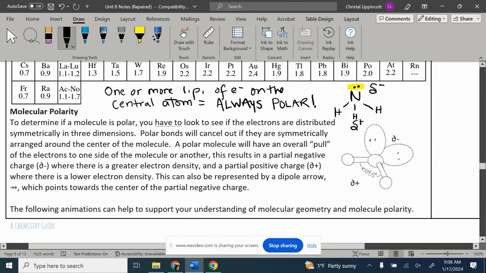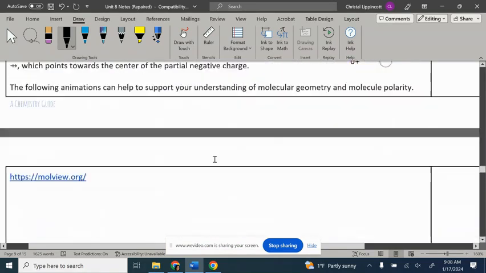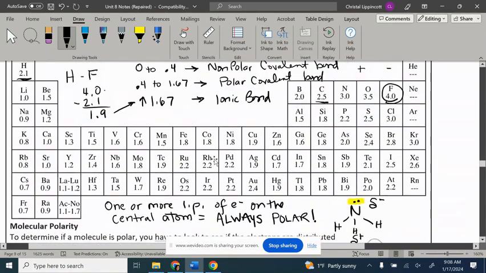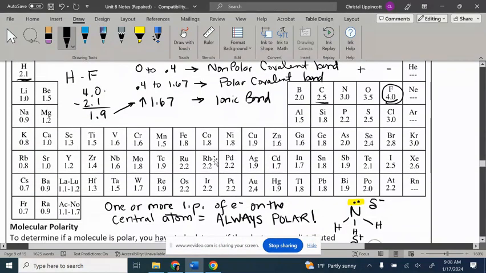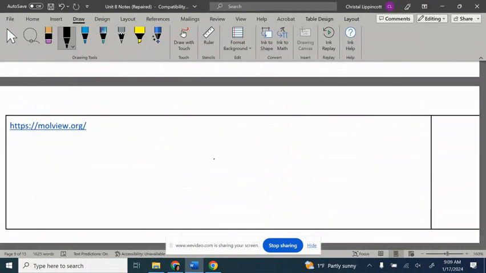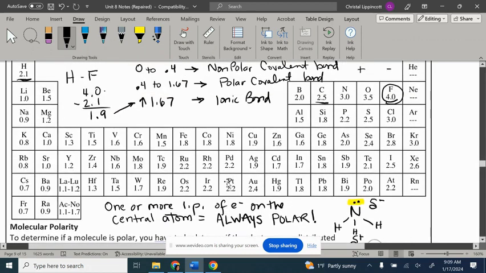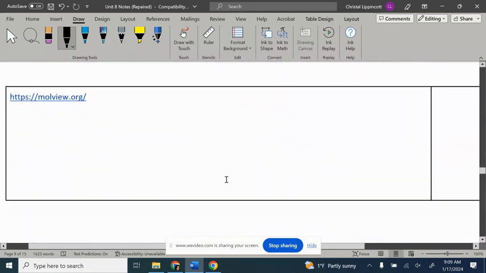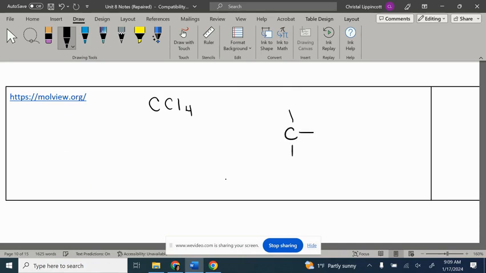Okay. Now, one thing that you have to be aware of is if you are dealing with something like carbon tetrachloride, it's going to be drawn like this.